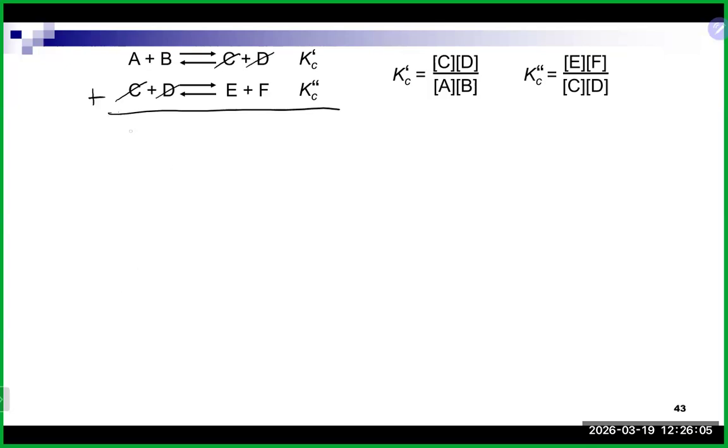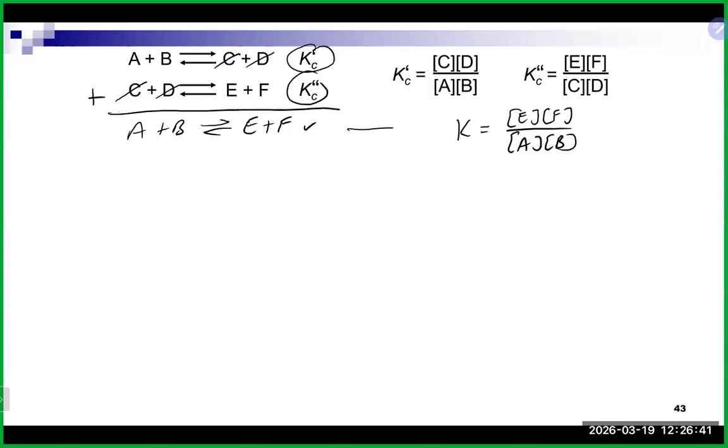That gives us an overall reaction of A plus B goes to E plus F. If we were to write an equilibrium expression for this reaction, K would equal the concentration of E times the concentration of F, divided by the concentration of A and the concentration of B, which is the equilibrium constant for the overall reaction. So ultimately what we did is add those two individual equilibrium reactions, and they both had K values.